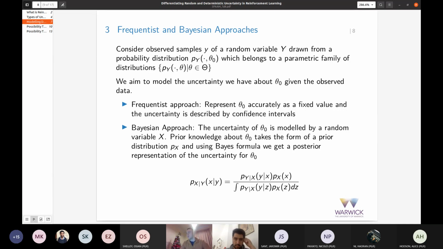So the frequentist approach, I'm not going to go into too much detail about this because I'm sure you all know, or are at least passingly familiar with it. But I want to highlight the strengths and weaknesses of both approaches.